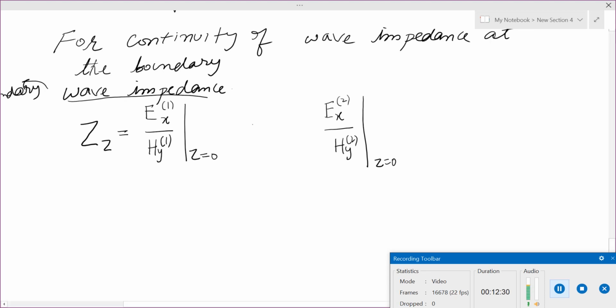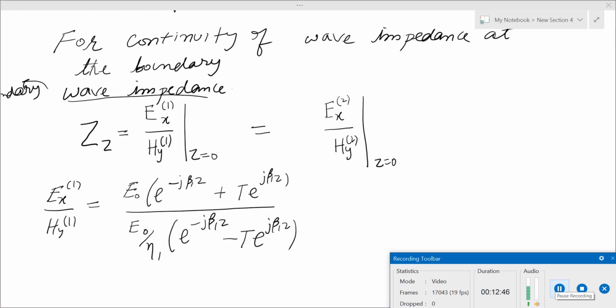So these two should be equal. That is the boundary condition. Now we know the ratio Ex1 divided by Hy1. What is it equal to?